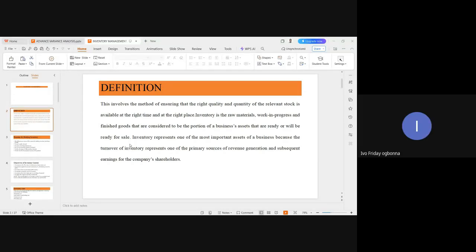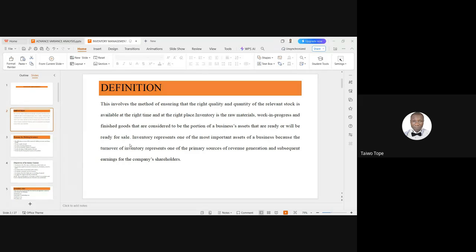Okay, somebody was trying to tell me just in time. Can you expatiate on that, just in time? Who is the person that wants to tell us about just in time? But the three types of inventory you should know are raw material, work in progress, and finished goods.